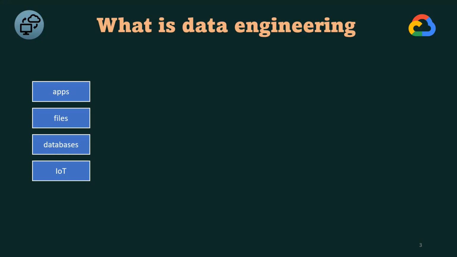In some other project, they say our data is in the application, and the application backend is a SQL Server, and we have to extract the data from that. So you may be having data coming from multiple data sources such as applications, file formats, databases, or IoT devices.